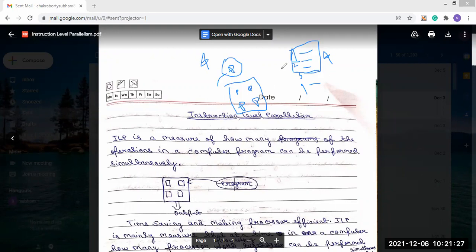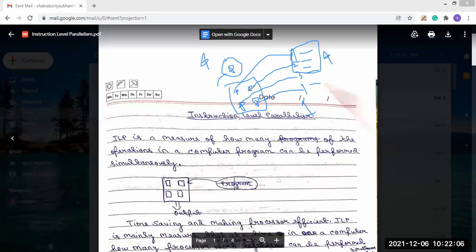Let's say the first instruction is executed by this processor, the second by this one, the third by this one, and the fourth by this one. Each instruction's execution requires 1 unit of time. That means in 1 unit of time we are capable of executing 4 instructions, because we have 4 processors present.